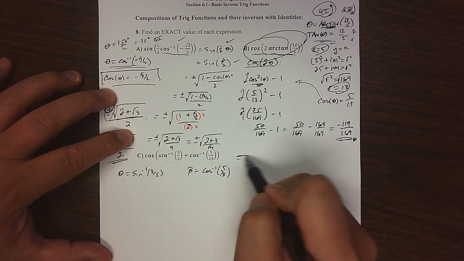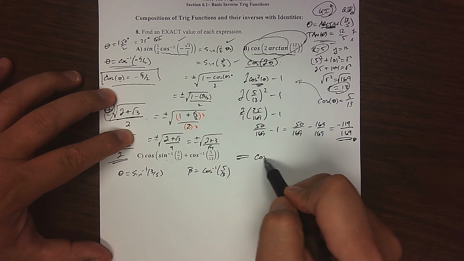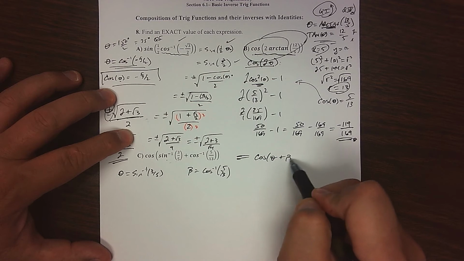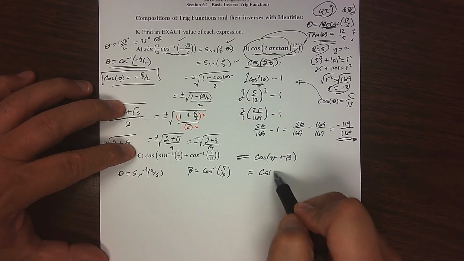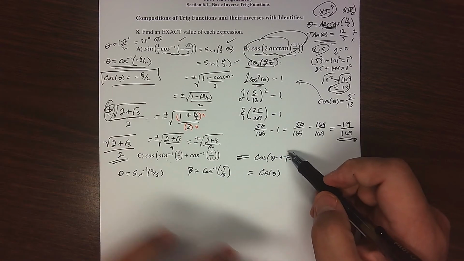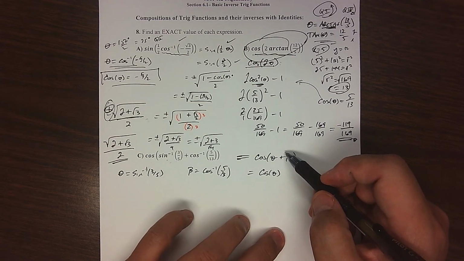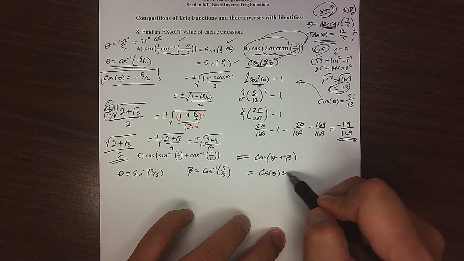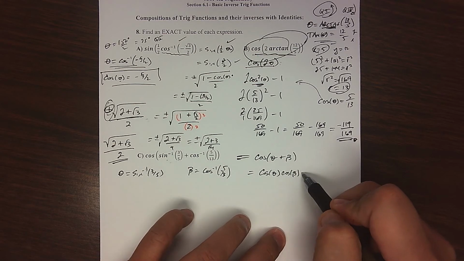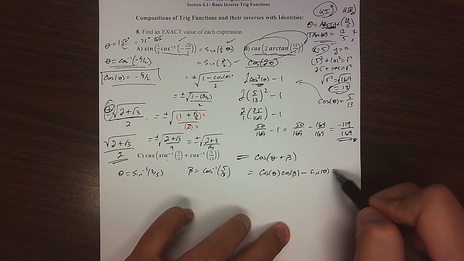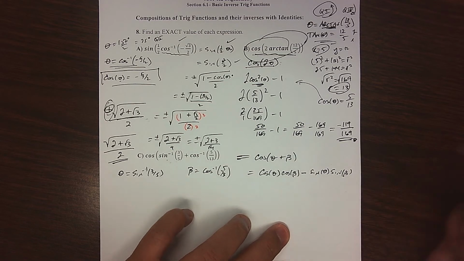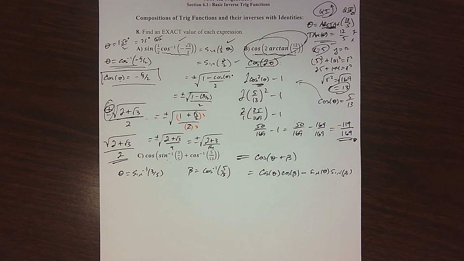So we're basically rewriting this as the cosine of theta plus beta. And we know this to be the cosine of theta, cosine of beta, minus the sine of theta, sine of beta. So that's pretty much what we have to find to finish this problem off.